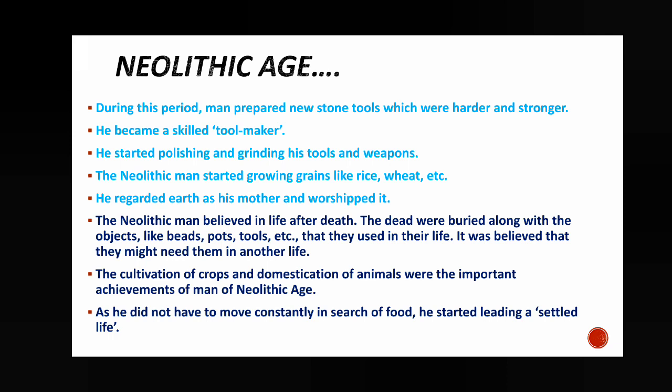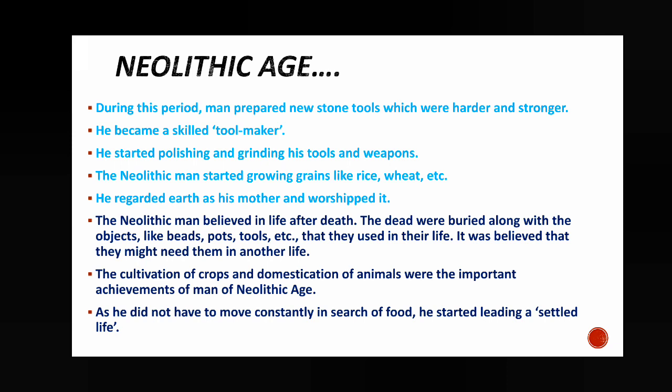Settled life means permanent house, permanent living. In the Neolithic age, the new stone age, they were not moving from one place to another, because they had to do crop cultivation, and that's why they had to stay at one place for a long time. That's why they started a settled life.